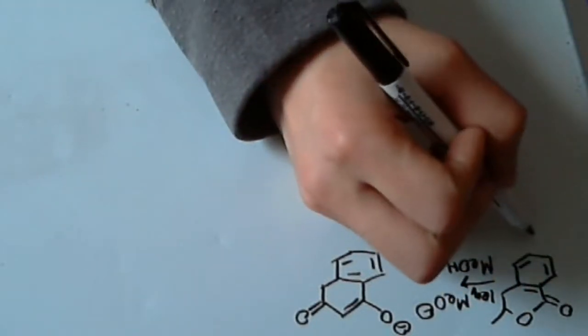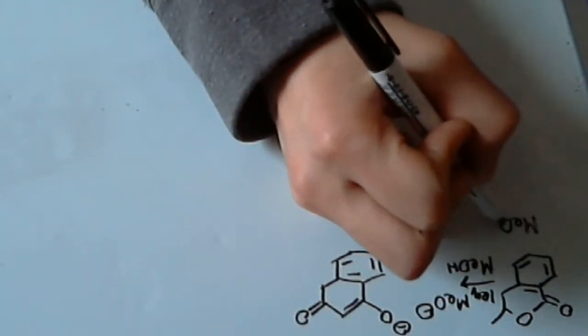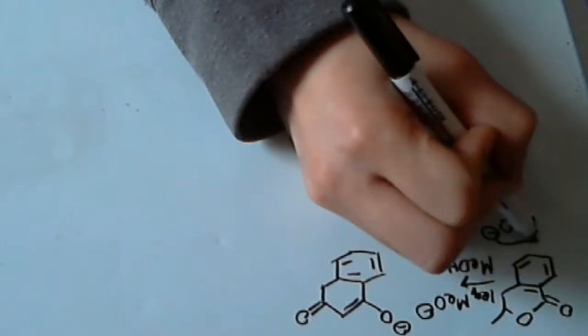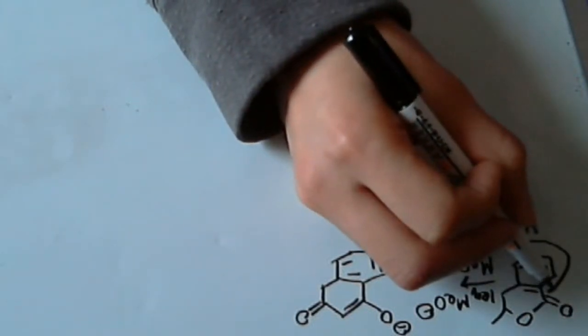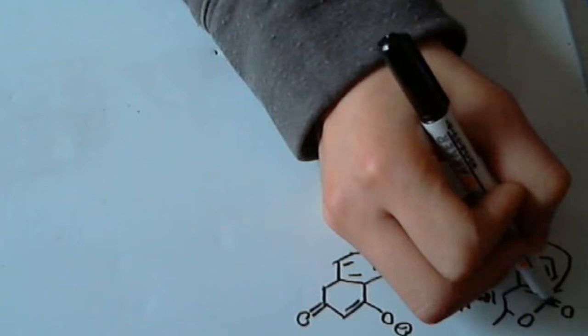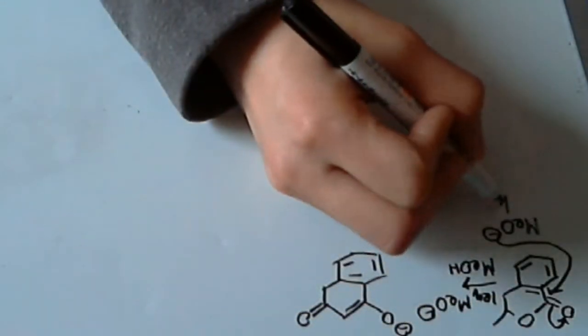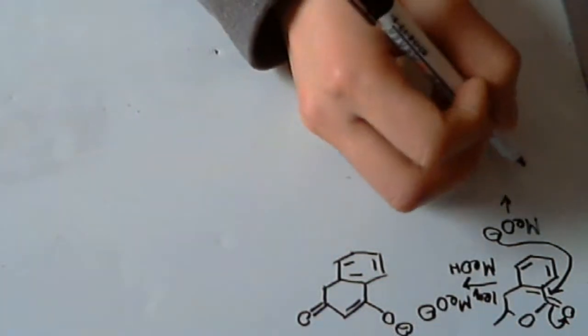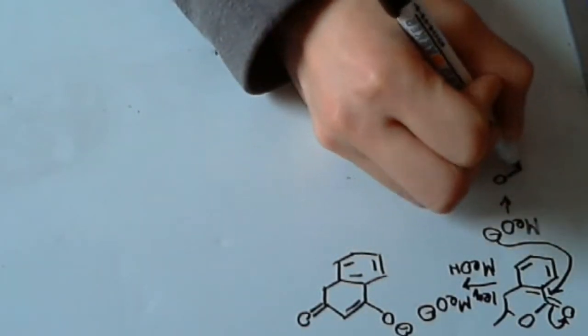So what's the first thing that happens? First thing that happens is we have a methoxide, and that's going to attack the carbonyl carbon and form the tetrahedral intermediate. So what do we get when we form this?